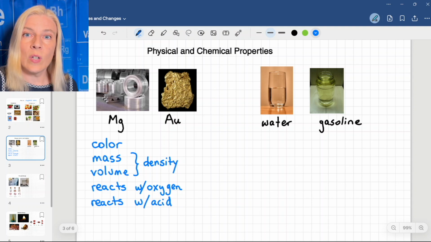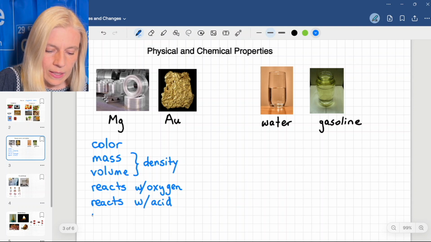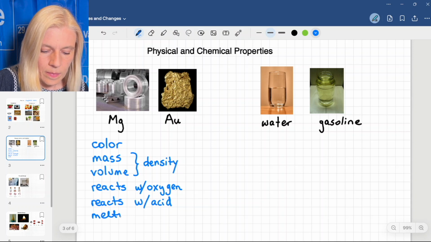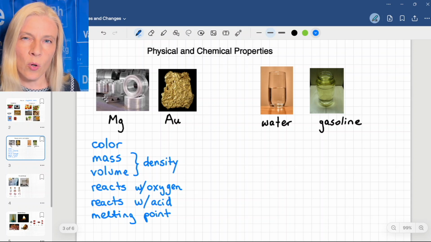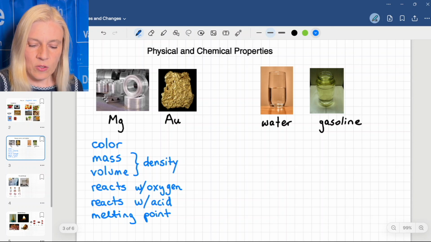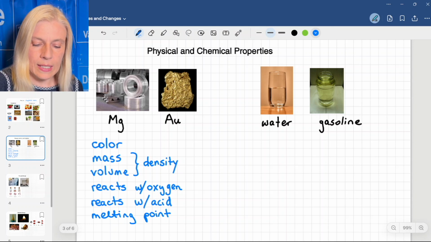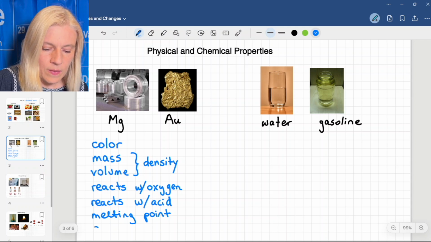I can also try to melt it. I can check its melting point. I will probably not be checking the boiling point of metals. I will not be boiling them away. I'll check its melting point. I'll check its density. I can check its specific heat capacity.